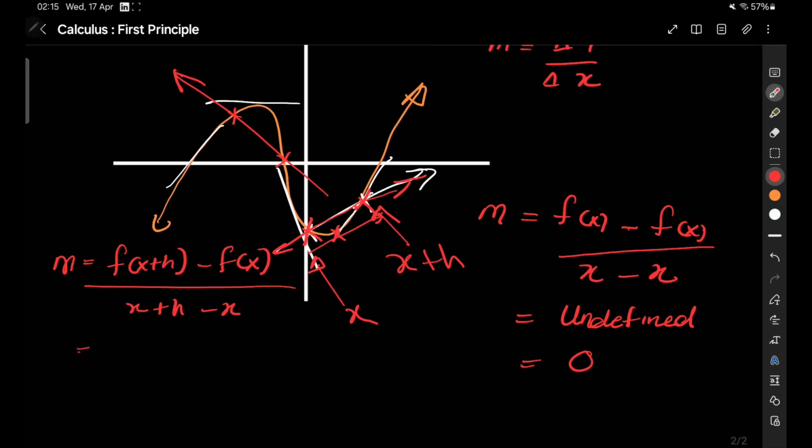If we simplify that, we have f of x plus h minus f of x all over, and the x's cancel each other and we only have h. And that over there is what we call a derivative.